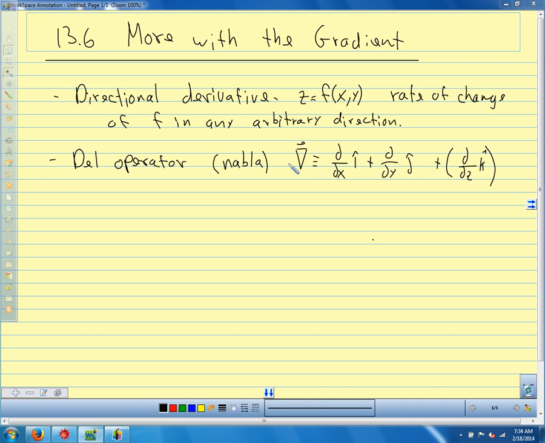And we said we can use the del operator to find the directional derivative. So the directional derivative in the direction of u of f was del f dot u, where u is a unit vector. We want to do our dot product. We want a unit vector to indicate our direction.